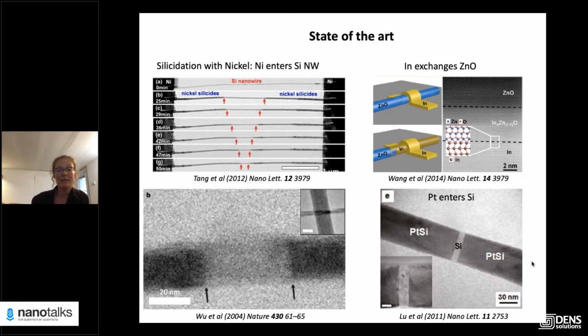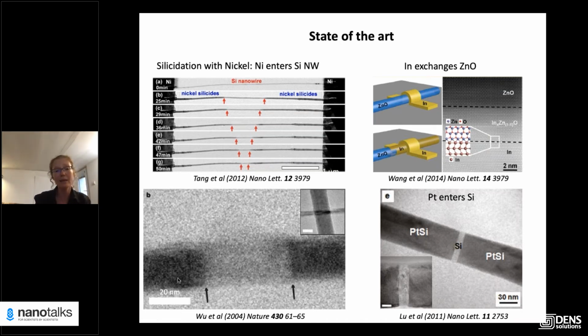In literature, it was clearly recognized that this kind of metal entering a nanowire is very interesting and very promising, because if the metal enters the nanowire and we can control this remaining semiconductor region, we can fabricate such a very small semiconductor channel with very abrupt and well-defined interfaces with this metallic or metal contact.